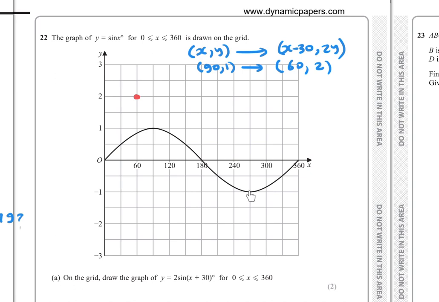And for this point, which is 270 and negative 1, 270 and negative 1 will be 240 and negative 2. Now for this point, 30 and 0.5 will be 0 and 1.